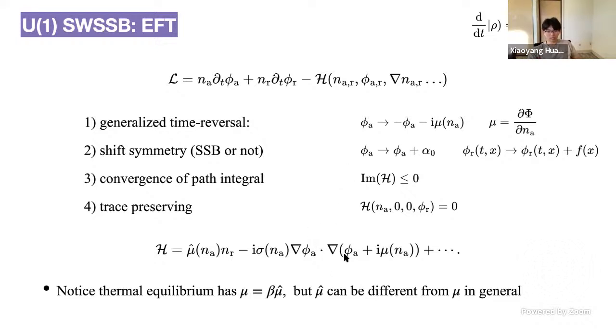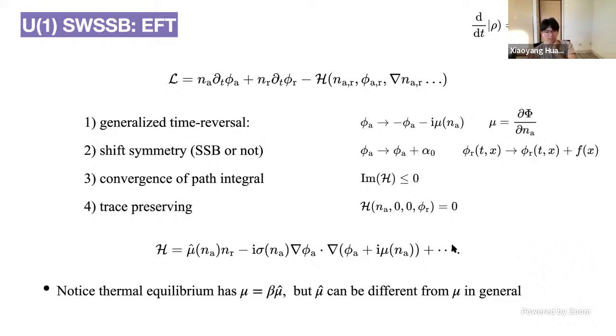You can see that the quadratic term in the phi A field is phi A squared. But because of the generalized time reversal symmetry, you need to shift one of the phi A by the chemical potential to make sure that all of the terms are invariant under this generalized time reversal symmetry. And because of this shift, it will give you a diffusion mode, as we'll see in the next slide.